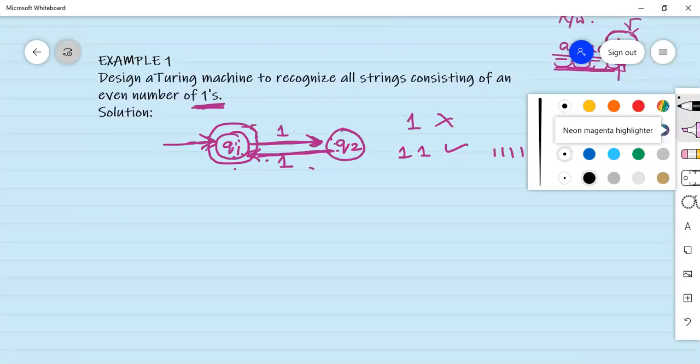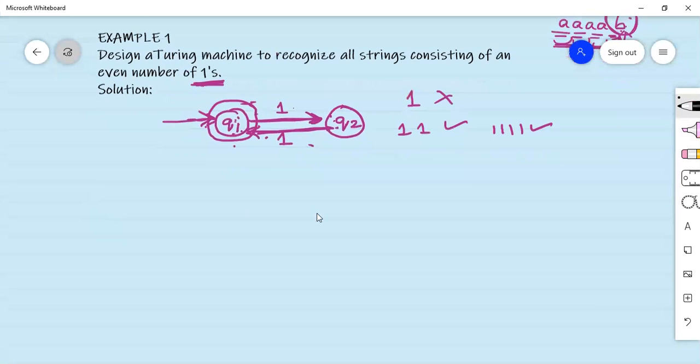That's why we have taken this. Not a lot of state changes are required for this example. We'll increase the complexity as we move ahead with the class. So how can I do the construction? Let us frame the moves that we are going to make in our mind. The first step is always to define the moves.